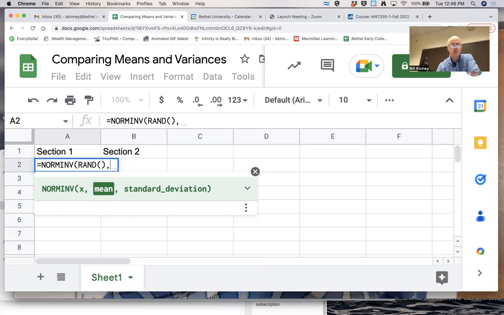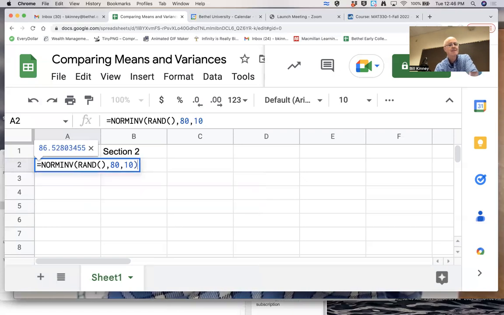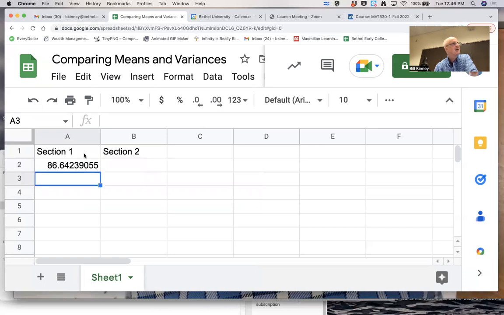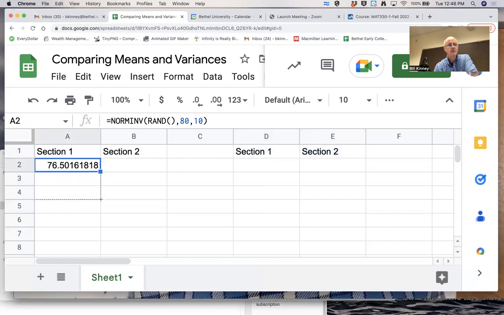Maybe the mean for section 1 is 80 and the standard deviation is 10. Of course, it'll update these scores all the time. I'll do my copy and paste special over here so I can freeze the scores. So section 1, the true mean is 80 and the true standard deviation is 10.